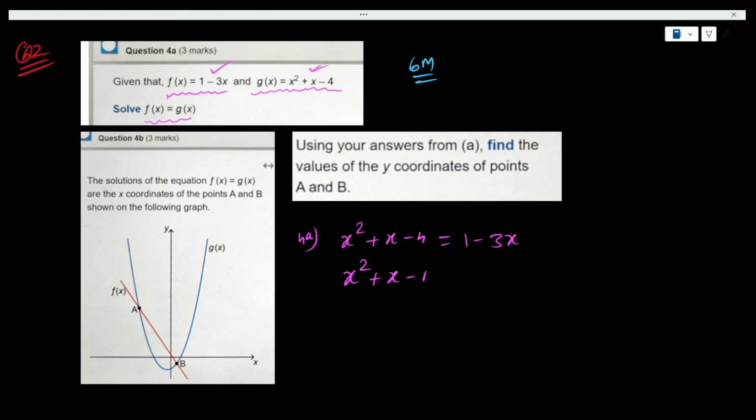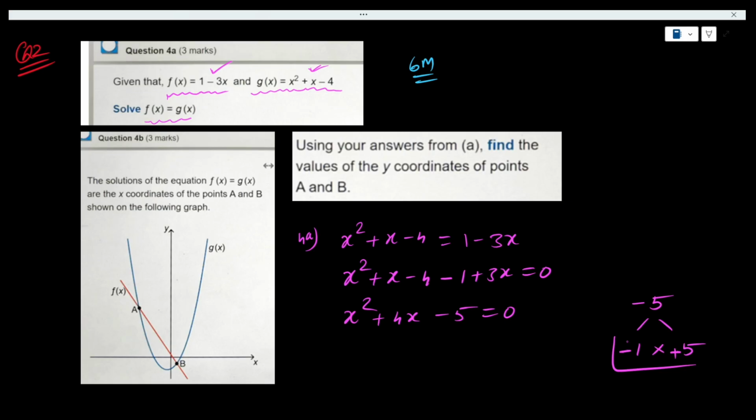Get the simplest form here. x square plus x minus 4 minus 1 plus 3x is equal to 0. So x square plus 4x minus 5 is equal to 0. You can see that here the product is minus 5, so you can take only 1 into 5. The bigger number has to be positive and the smaller number has to be negative, because the middle term is plus 4x. So how are you going to split the middle term? The product of these two numbers is minus 5.